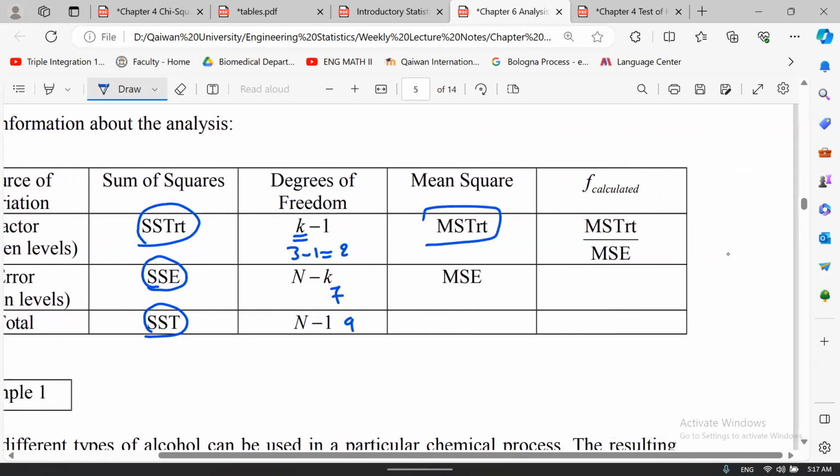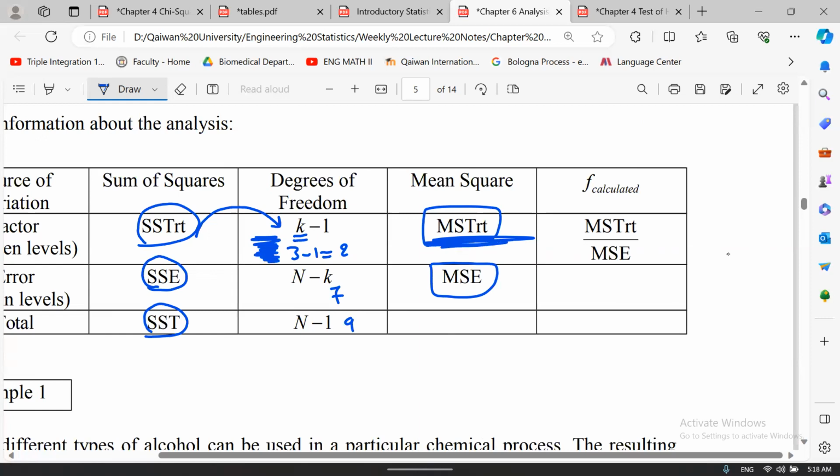I'm going to tell you what these two mean. MSTRT could be obtained by SSTRT dividing by this number that you have here, which is 2.